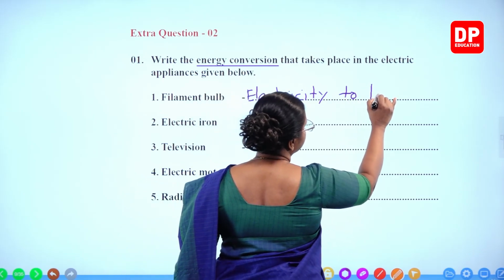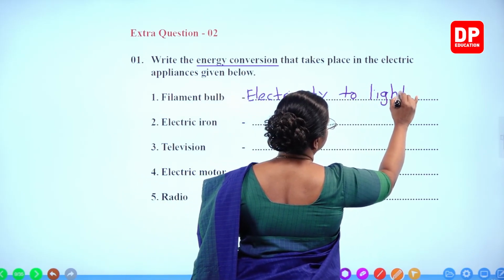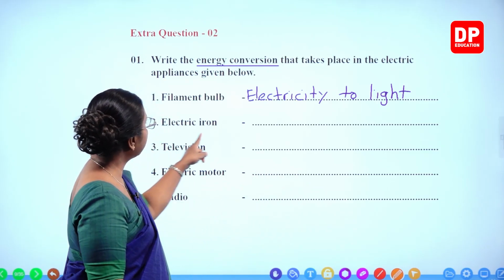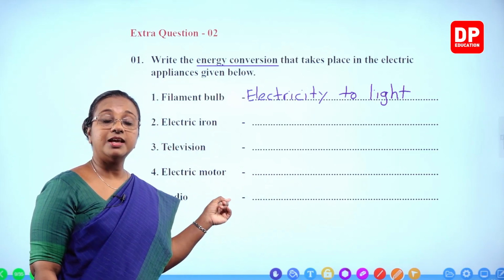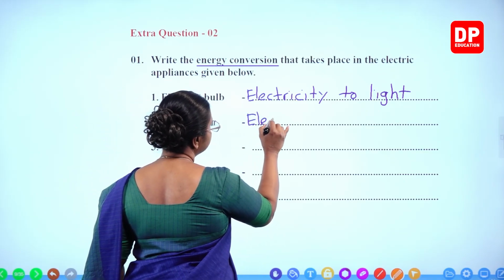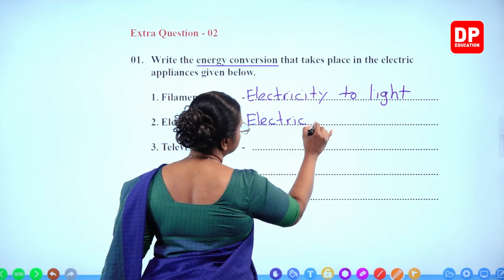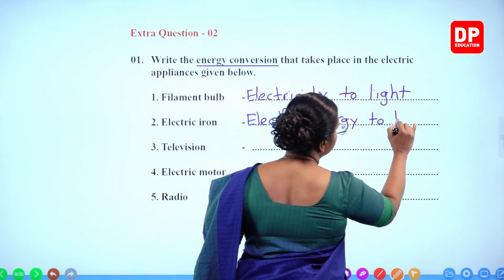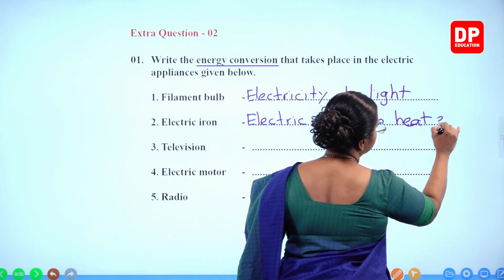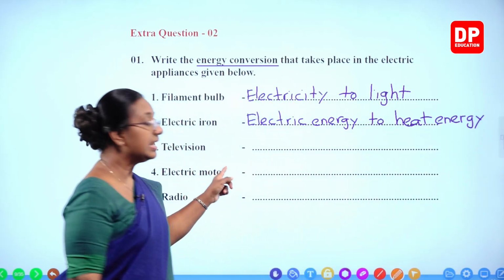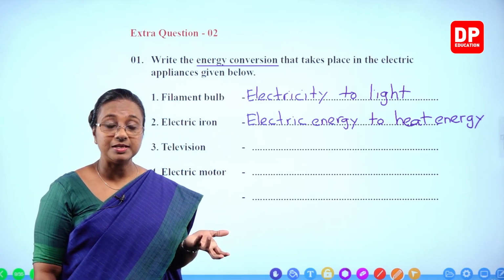electricity to light, or electric energy to light energy. Then electric iron, electric energy to heat energy. Then television. What happens there?